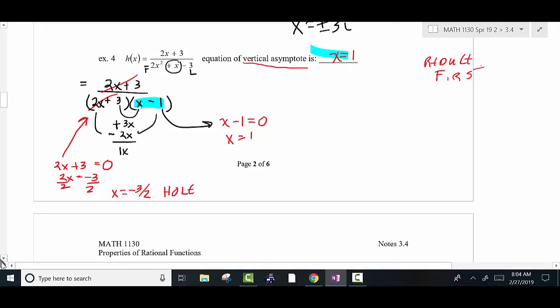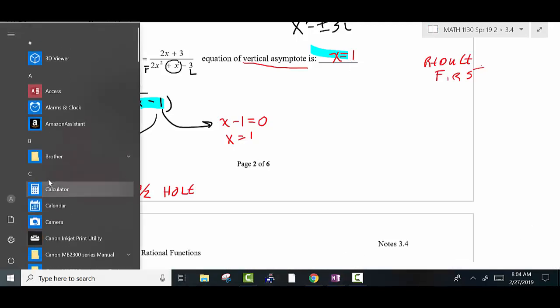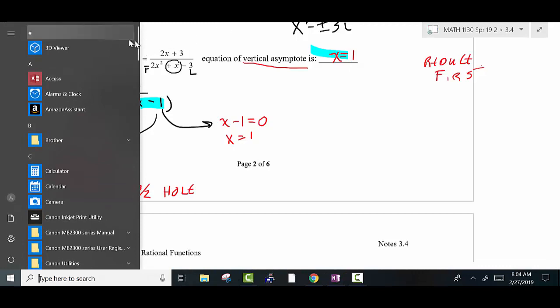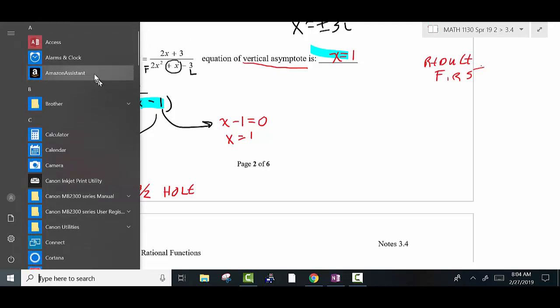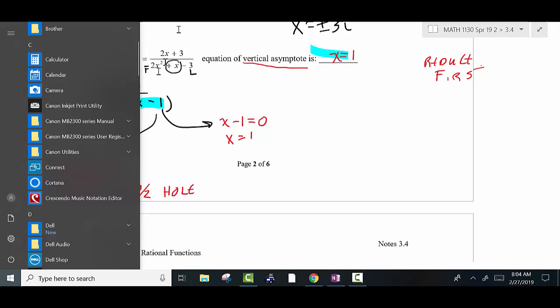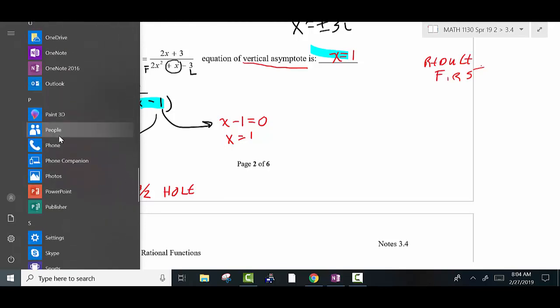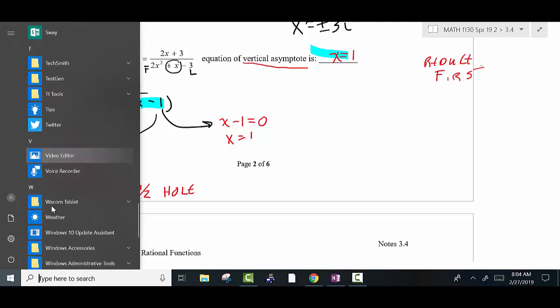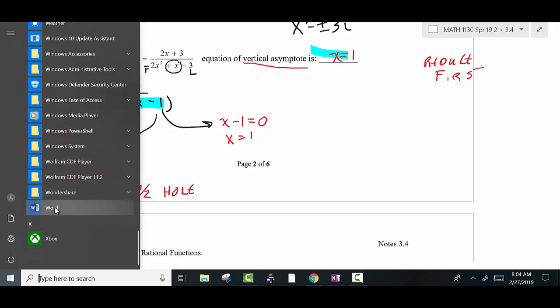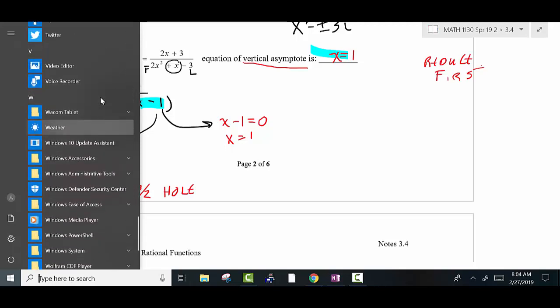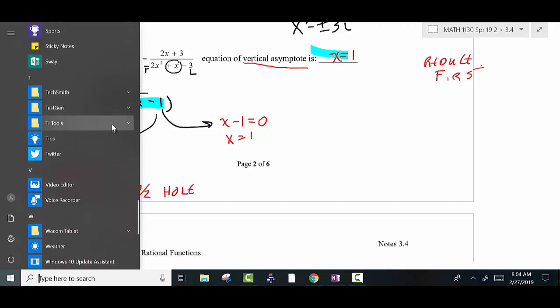Okay, let me get my calculator set up here. And go ahead and put that in your calculator if you brought your calculator with you, so I can show you what I mean by that hole. And I think you can probably just do this in a standard window.